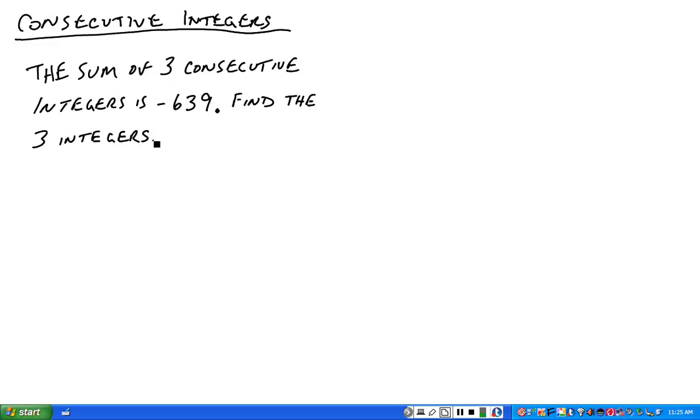So if the sum of 3 consecutive integers is negative 639, then we need to find what the 3 integers would be. I'm breaking this problem down.